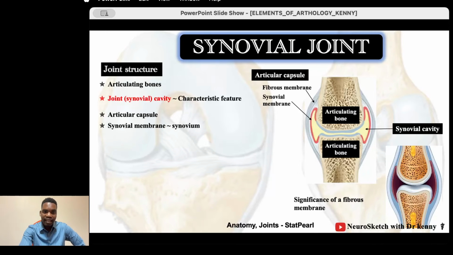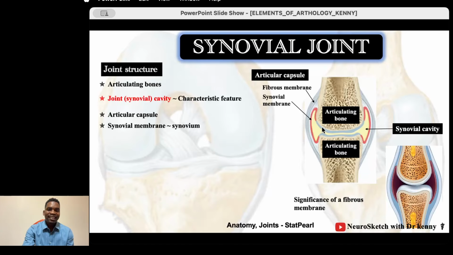The synovial membrane, also known as the synovium, makes the inner layer of the articular capsule, and its function is to secrete the synovial fluid. The synovial fluid is produced by the cells found within the synovial membrane.